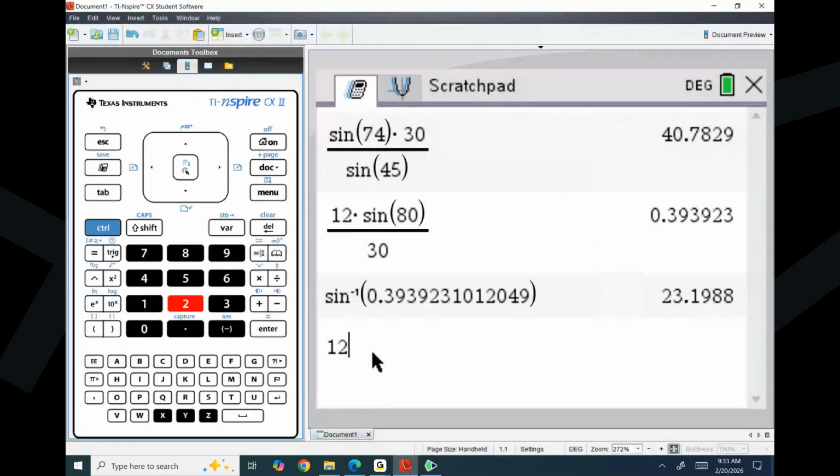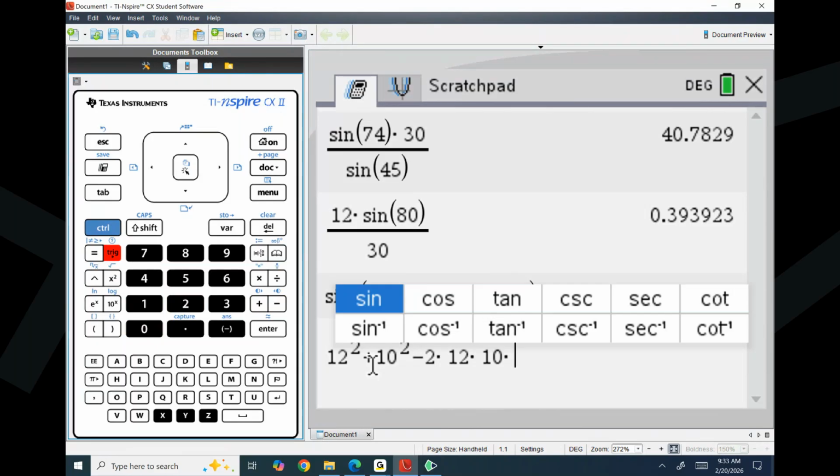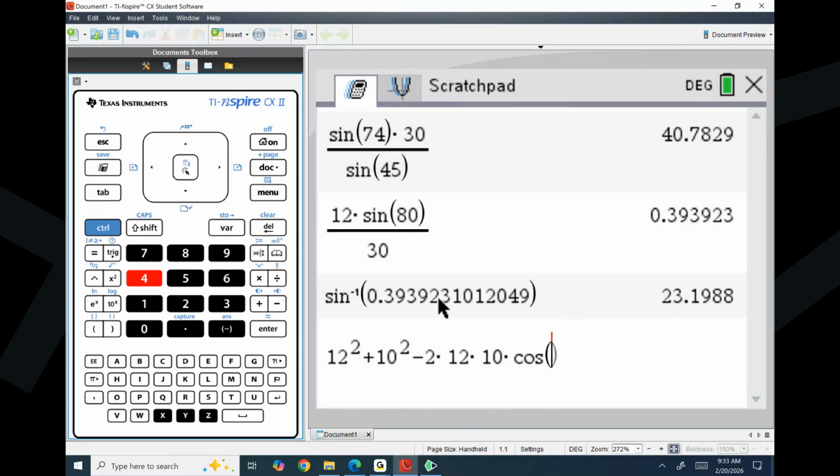What do we get? 12 squared plus 10 squared minus 2 times 12 times 10 times, careful, it's cosine, not sine, cosine of, what was the angle? 48?